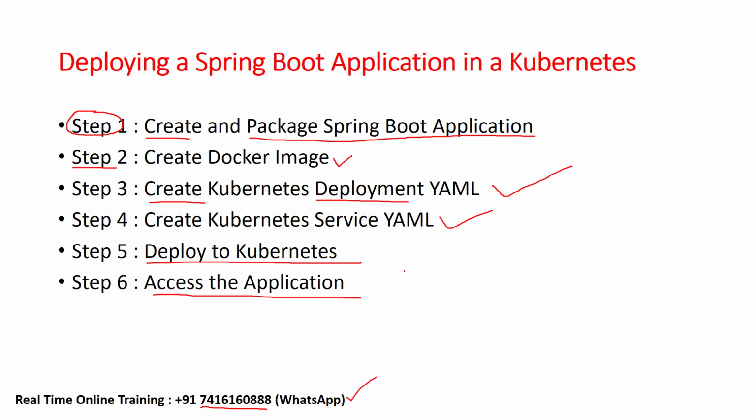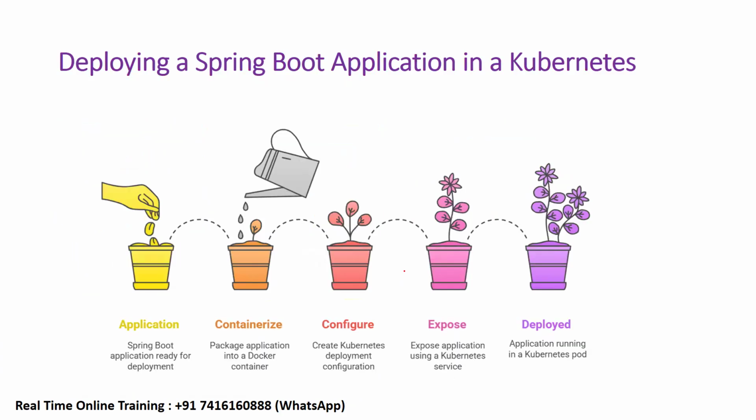Okay, now here, just for a diagrammatic approach, we have given one example. Easily you can relate it to whatever I am developing in today's session. If you see, you have an application. This is a Spring Boot application ready for deployment.